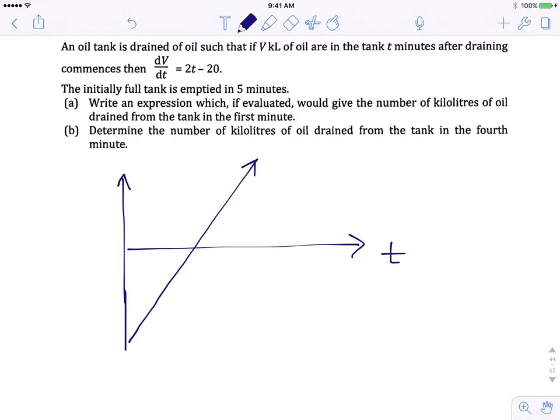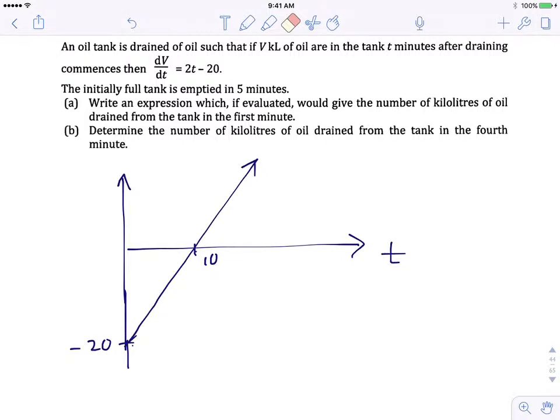So this is dV/dt, the rate that the volume is changing. We start off here at negative 20, and I reckon that's going to be 10. So we've got up 20 and across 10, so the gradient is 2. So what's going on here? The rate of change starts off negative and it gets more and more and more.